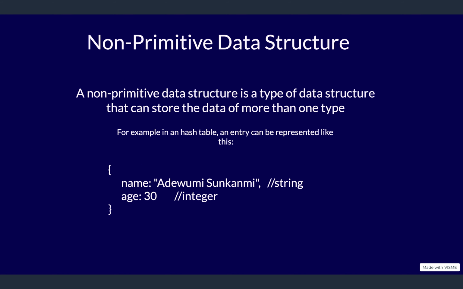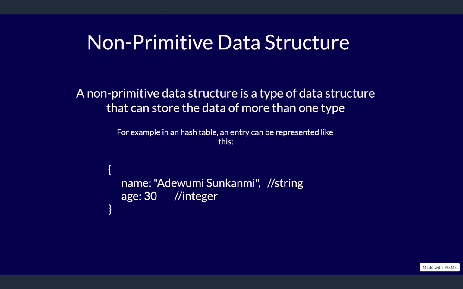Now we move to the non-primitive data structure. A non-primitive data structure is a type of data structure that can store data of more than one type. For example, in a hash table, an entry has a key and a value.